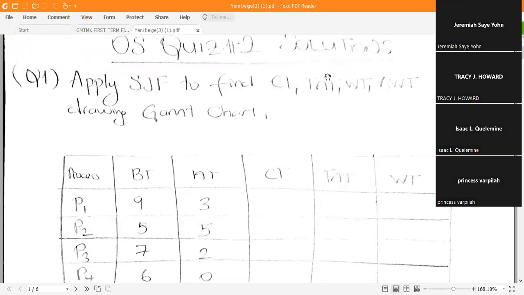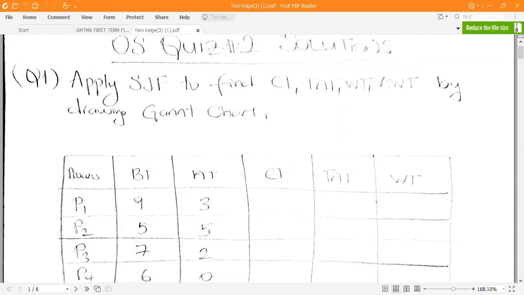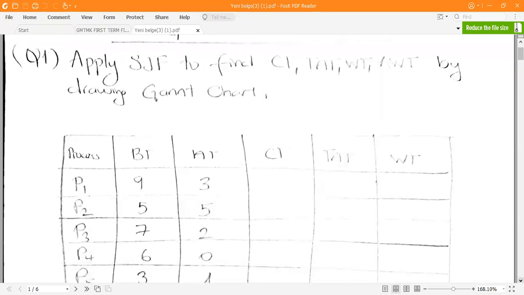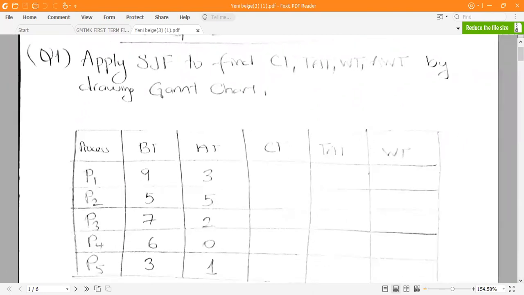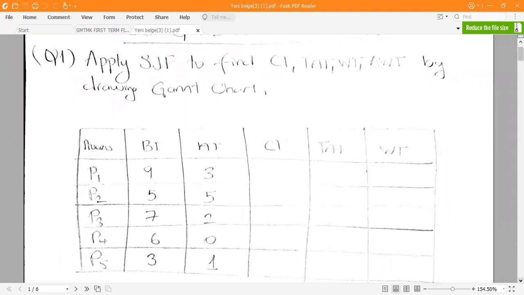Anyway, I will send you a better version, but I think the numbers appeared in the quiz. I asked the shortest job first, so I'm going to give you the solution there. I will send it.